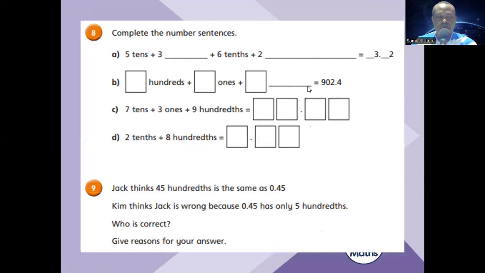Pause the video and answer questions 8 and 9 in 3 or 4 minutes. You can take longer if you wish. Assuming you've worked through the questions, here are the answers. Let's discuss them.